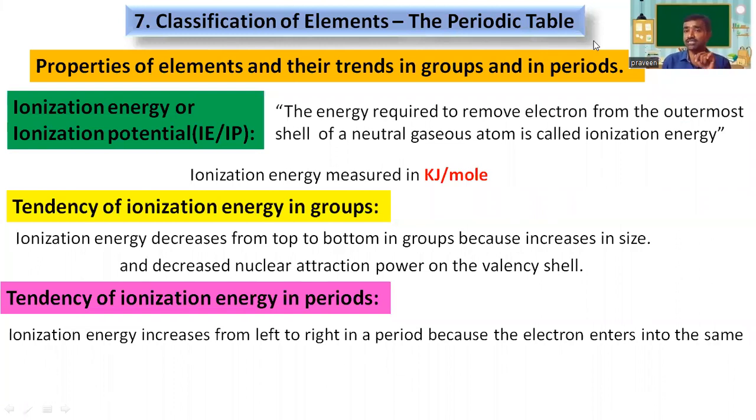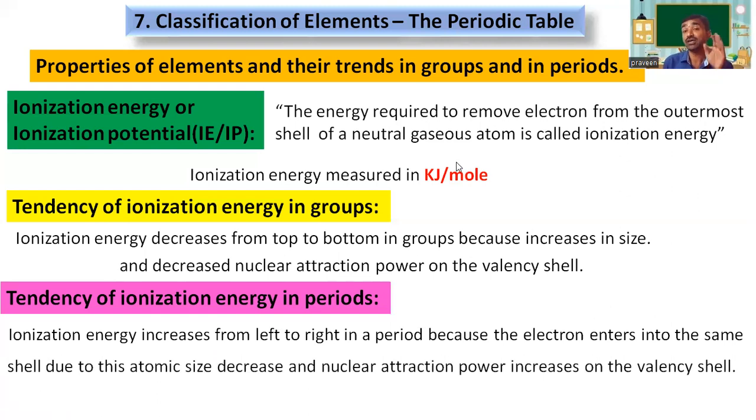Nuclear charge is simply based on the atomic number. You need to keep that in mind. So the tendency of ionization energy in the periods, left to right, is increasing, due to increased attraction power, as the size of the atom decreases.